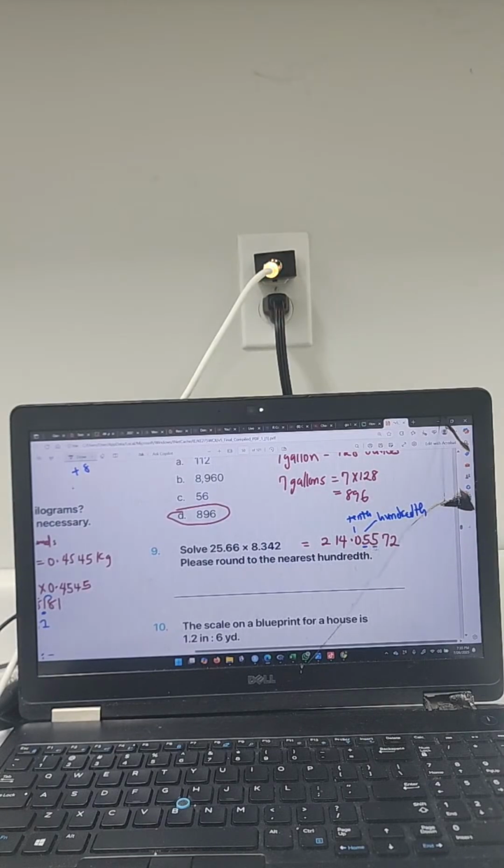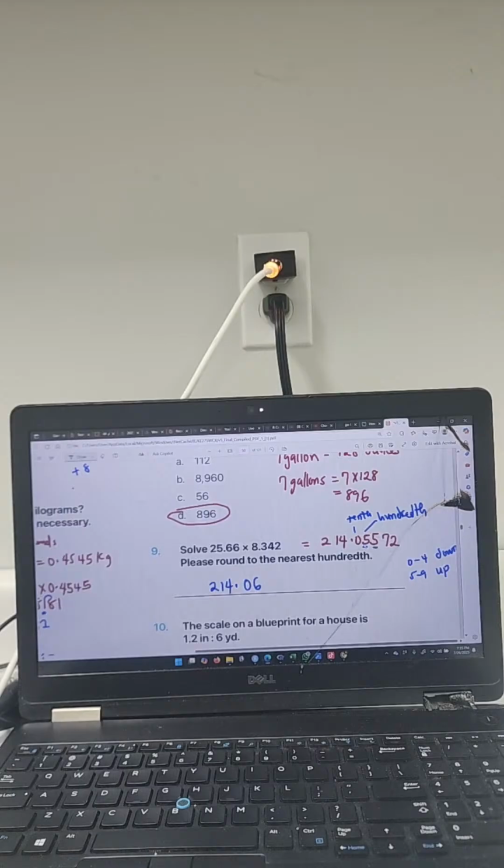In front of it you have the value more than 4. If the value is from 0 to 4, you round down. If it is from 5 to 9, you round up. So you want to round to the nearest hundredth. So your answer is just going to be 314.06. So you have to understand the rule on this.